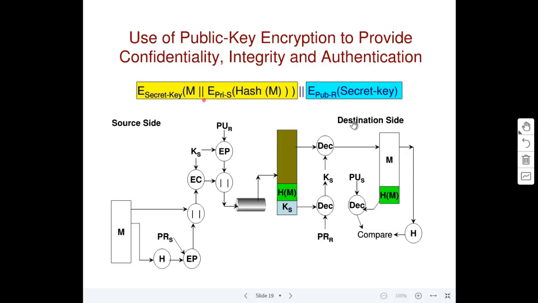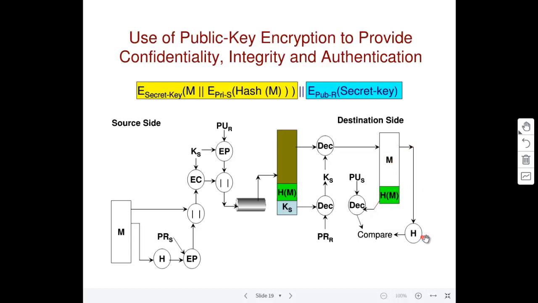When you decrypt this with the secret key, you will get the message along with its encrypted hash value, which is this, and then use the public key of the sender to decrypt the encrypted hash value. In the meantime, you can also compute the hash value of the message portion alone and compare the two hash values that you get.